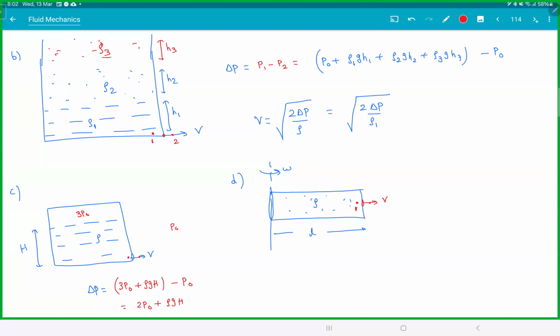So this is 1, this is 2. This is P naught here. So P1 will be P axis, which is P naught plus rho omega square L square by 2. P2 will be P naught. So from here you'll get delta P. You're getting all these cases? You can just keep playing around. You just need to find the pressure somehow and put it there.